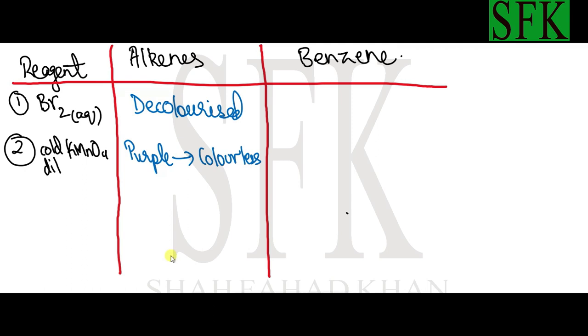With alkenes, there is a third test as well that we can do, which is basically hydrogenation, that requires hydrogen gas plus the platinum catalyst at 25 degrees Celsius and 1 atmospheric pressure.